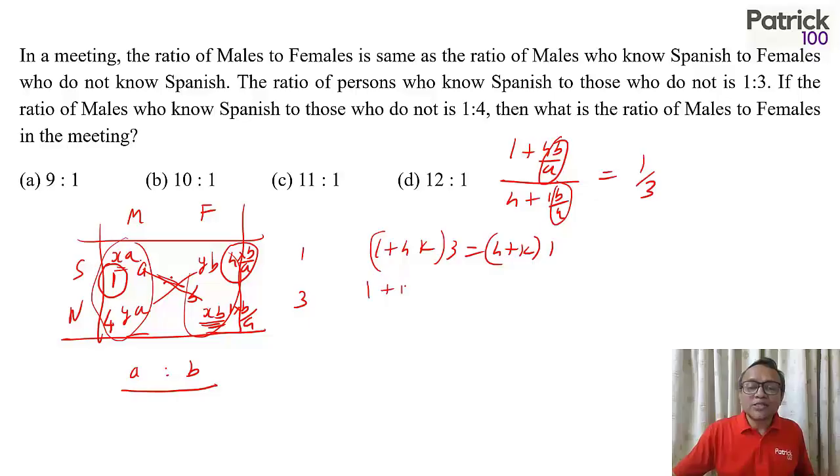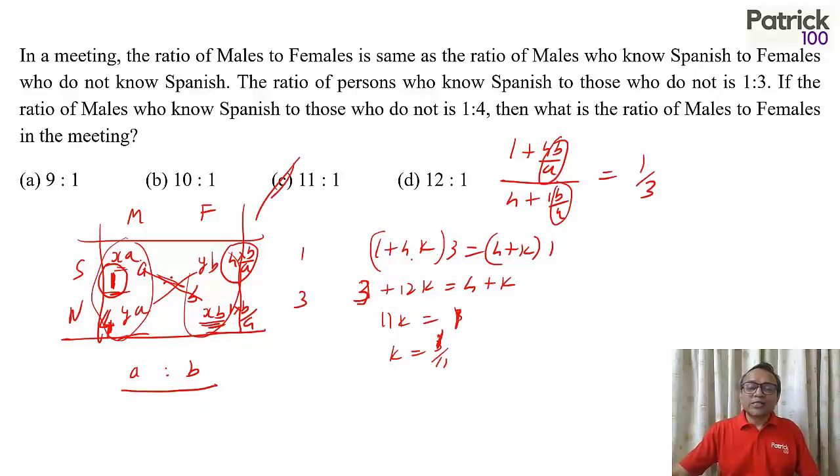So 3 plus 12K is equal to 4 plus K, solve it, 11K is equal to 1. Sorry, this is 1, my mistake. So it will become 1:11. C option is the answer.